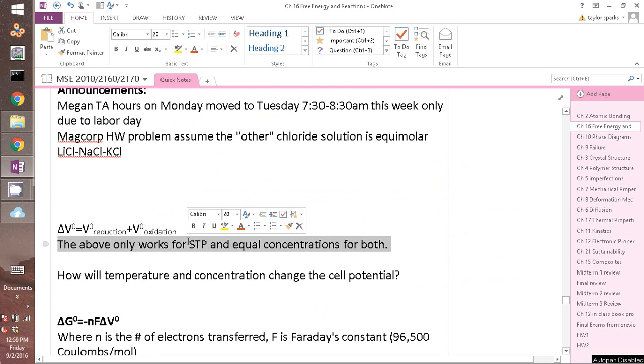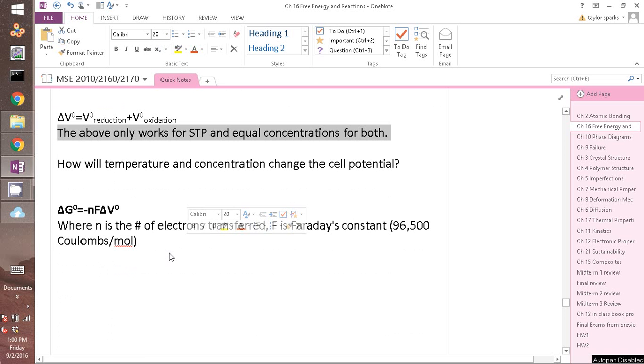But you can have different partial pressures. So we can do the same thing for batteries. If concentration changes, that can also change what the voltage will be. In fact, it can even reverse a reaction that looks like it'll be spontaneous. It can switch it. The very first homework question, I think, that you do from the book has an example of that, where you think it's going to be one thing, but when you plug in the concentrations, I think it actually switches it.